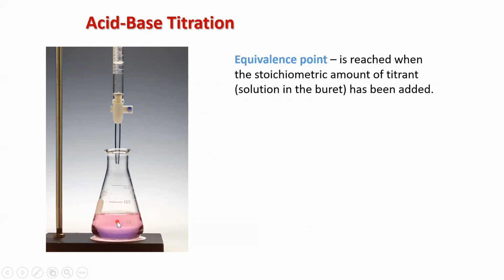And we have 2 points that are important. The first point is called the equivalence point. It's essentially the stoichiometric equivalence point. It's where the moles of acid completely neutralize the moles of base.